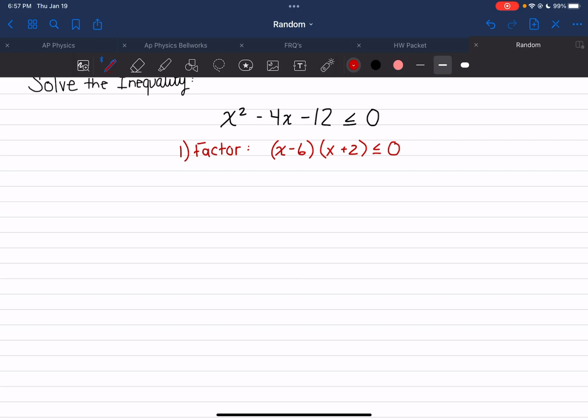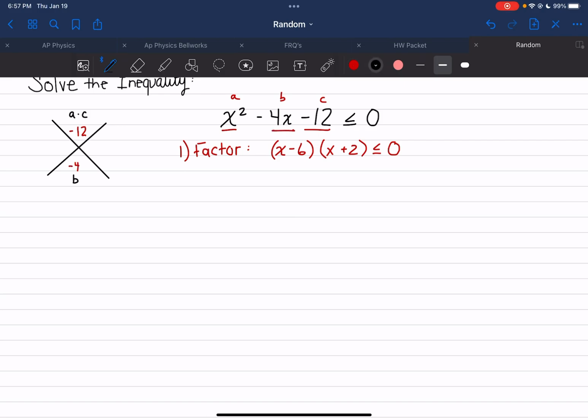You can use the table method or you can use the X method, which is how I first learned it in Algebra 2. So the X method basically is put your A times C at the top and you put your B at the bottom. So your A times C is your negative 12 times your 1, which gives you negative 12, and your B is just B, negative 4.